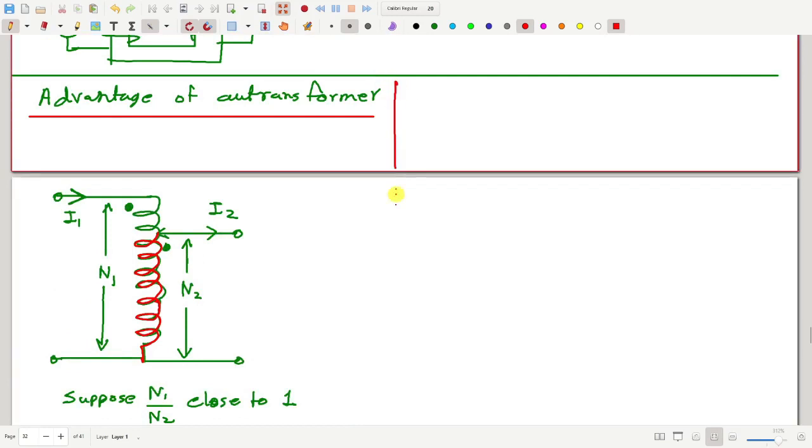Now, on the other side, let me also talk about a disadvantage of an auto transformer.